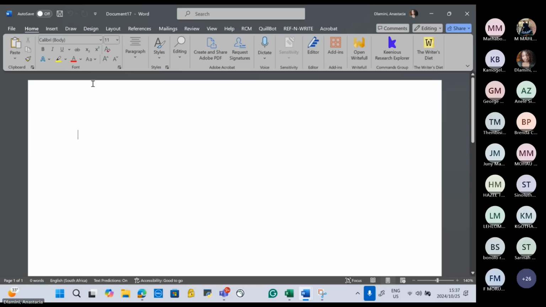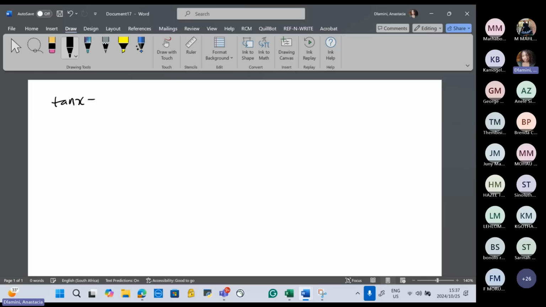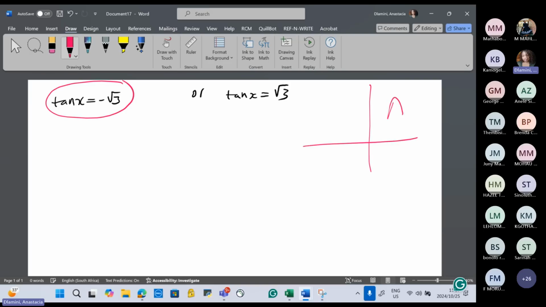Now we are all together, where we ended up at tan of x is equal to -√3, isn't it? Or plus √3, right? Remember that one? Now let's start here. Remember what we said: the diagram is very important.